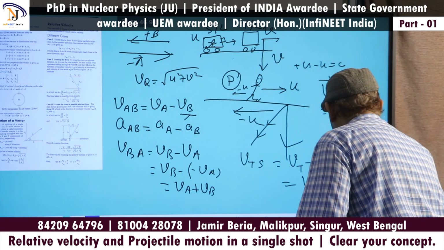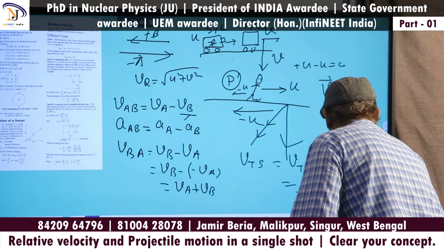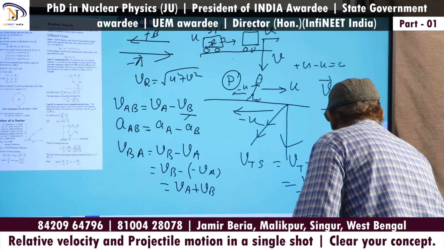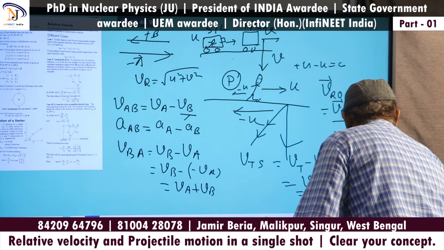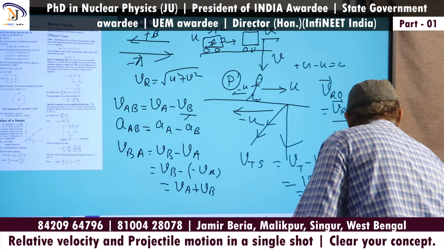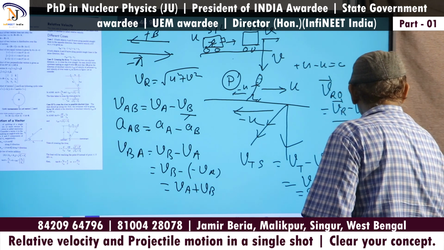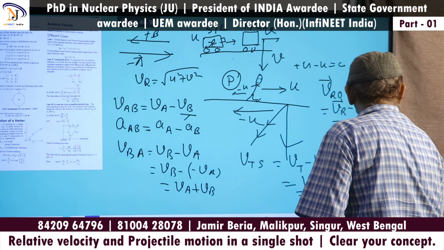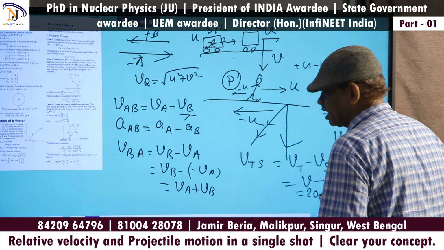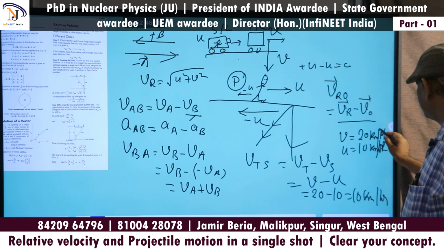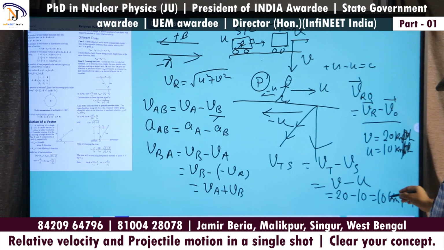Then what will be the velocity? V equals 20 and U equals 10, and the resultant will be 10 kilometer per hour. Kilometer per hour. Okay.